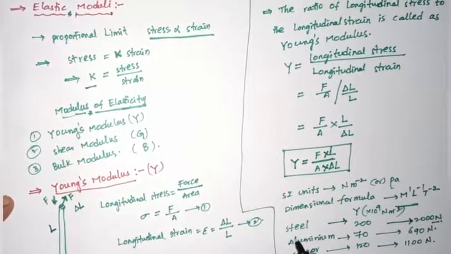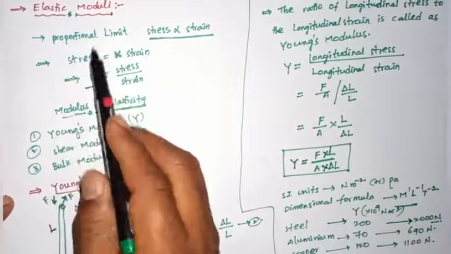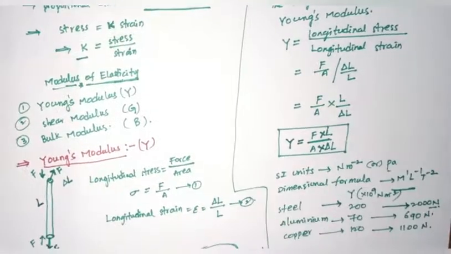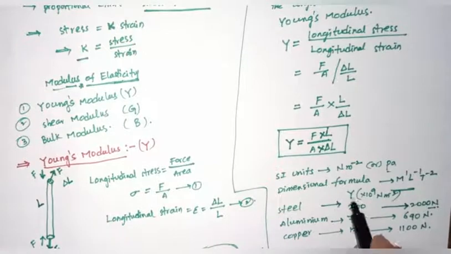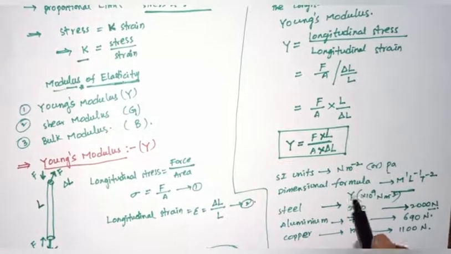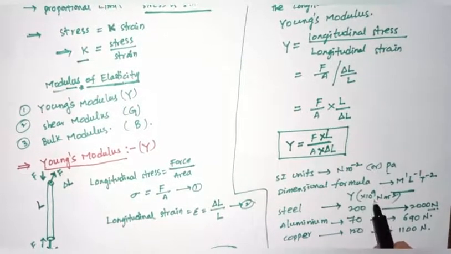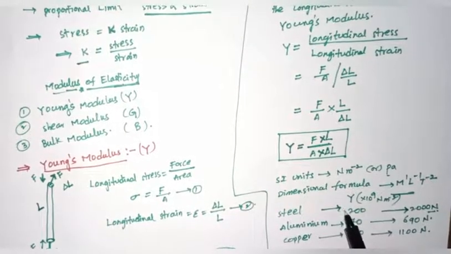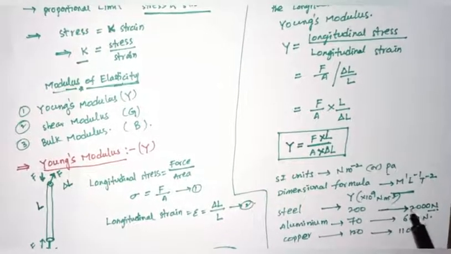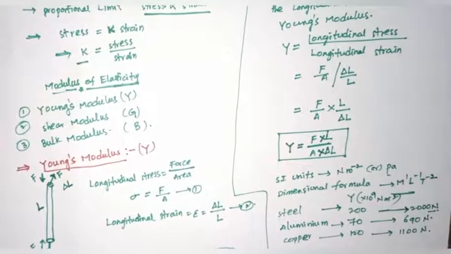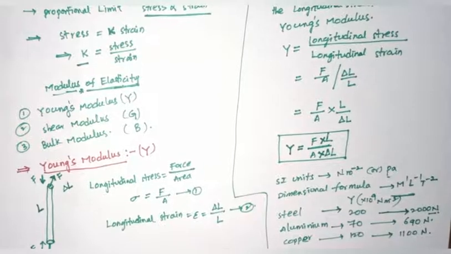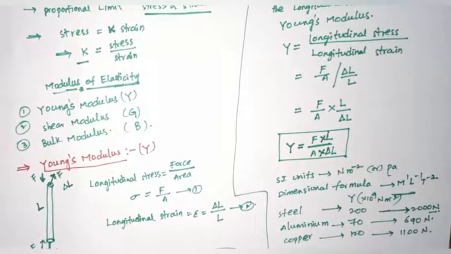So this is about elastic moduli and Young modulus. Here steel has a Young modulus of 200 into 10 to the power of 9 newton per meter square, and the force is 2000 newtons. The area is increased and the length is increased by 0.1 centimeter.